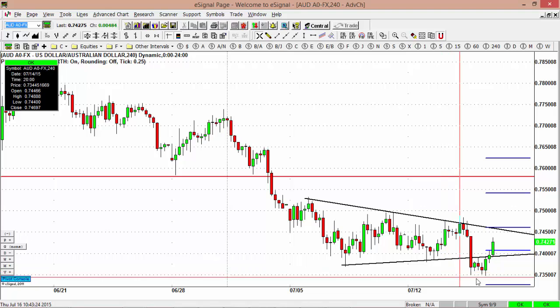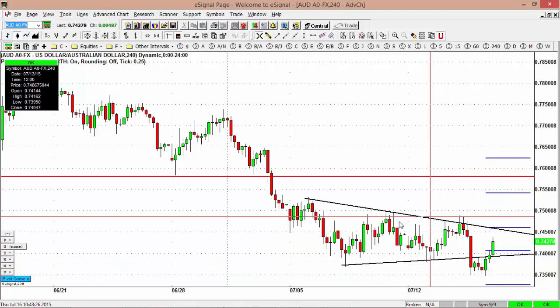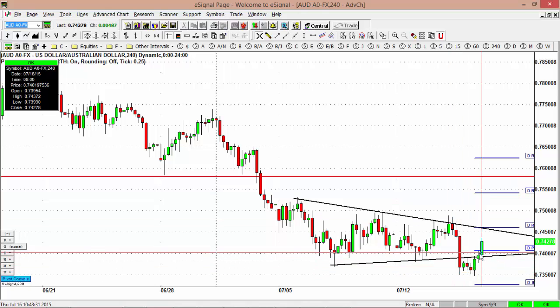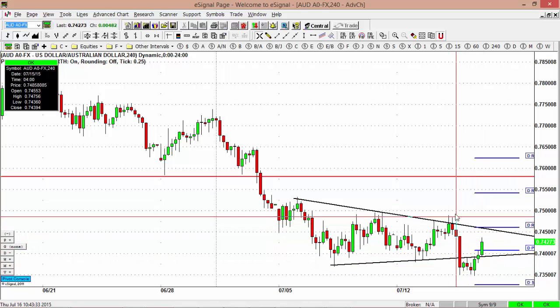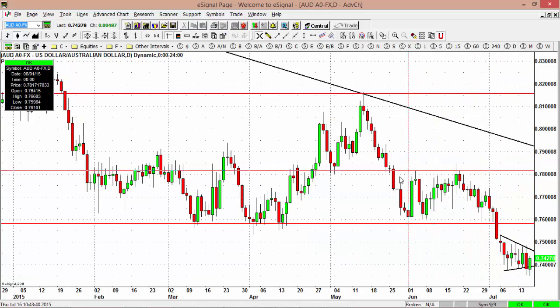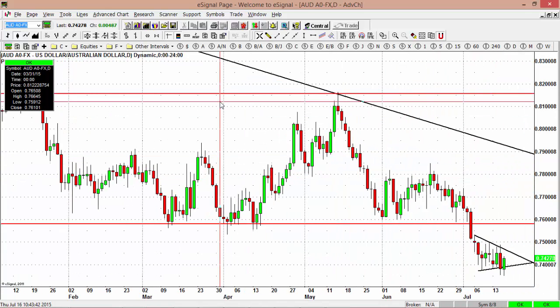The market broke down and is coming back up to test this trend line. So this is what we call a false breakout, and resistance is up at the 75 level, and support currently is at 73.50. Okay, so that's it for today.